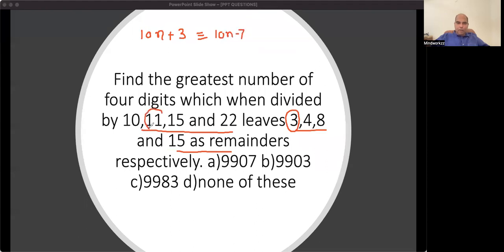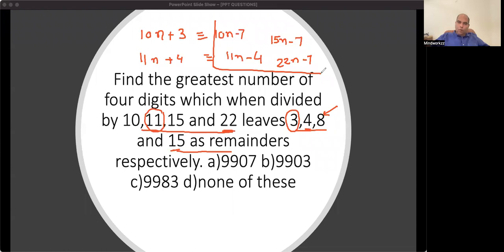When divided by 11, if the remainder is 4, it means we have a number of the form 11n plus 4, which is also a multiple of 11 minus 4. Likewise, the number we are looking for is also a multiple of 15 minus 7, because it's giving a remainder of 8. And when you divide by 22, it's giving a remainder of 15, which means the number is 22n plus 15, which also means it's 22n minus 7.